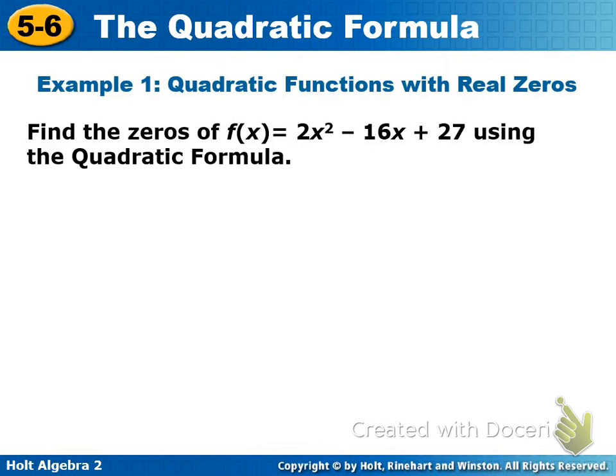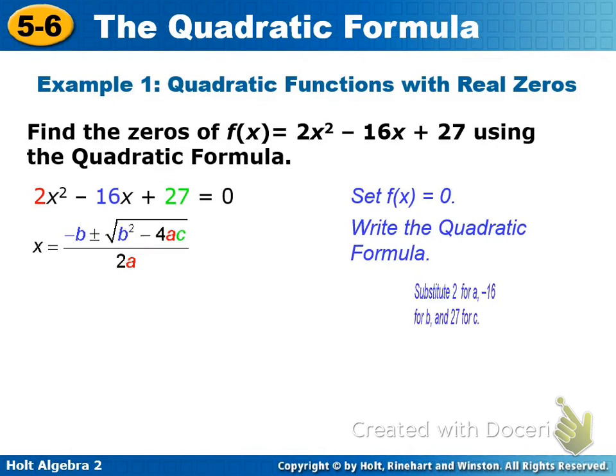So let's check your steps on this one. So we set it equal to that 0. Remember, it has to be in that form. And you establish 2 is A, B is negative 16, and C is 27.